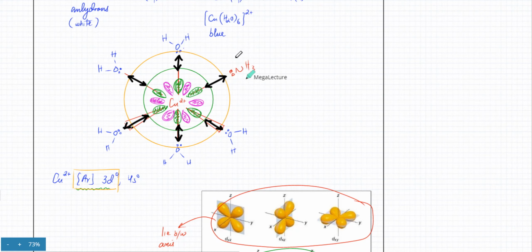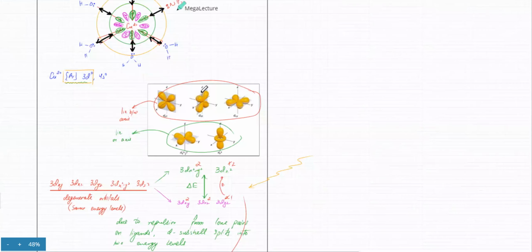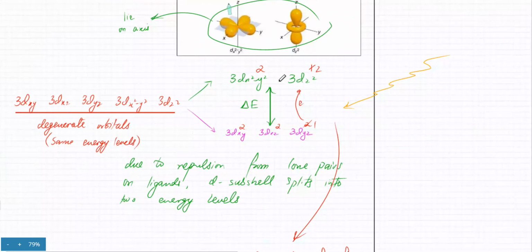So, just hypothetically speaking, if the lone pair over here has a very strong negative charge, then it would be very hard to put an electron in the green orbital. The electron over here in the green orbital would need a lot of energy. So this energy gap depends on the repulsion of the ligand. If you have a different ligand, a different energy gap is created.